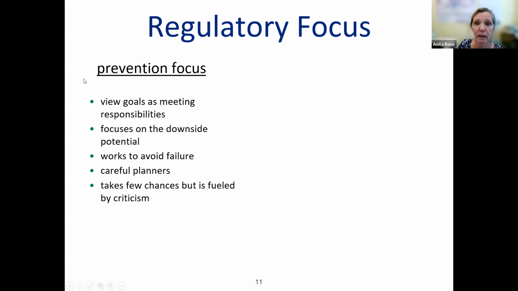So certainly being under regulatory focus, being prevention focused, you want to think about your goals as meeting responsibilities. So when you say, well, I have this goal, I'm going to be responsible to meet that goal. Focus on the downside potential, right? These are all prevention focused.